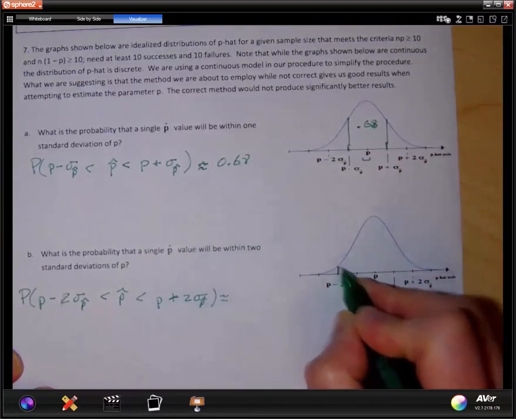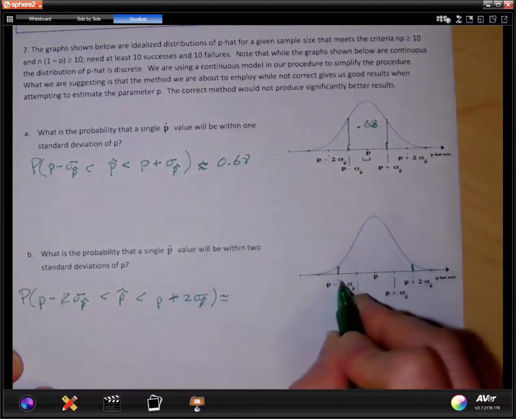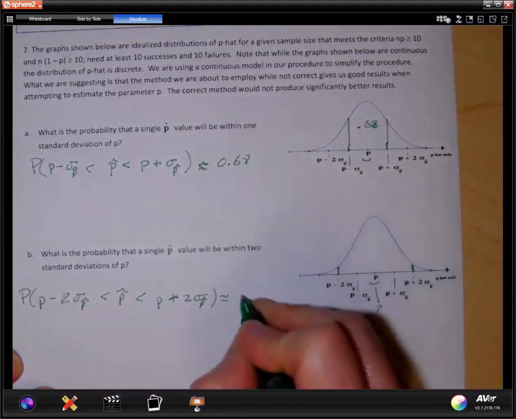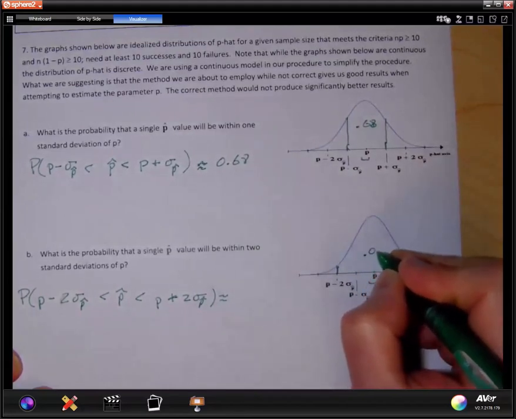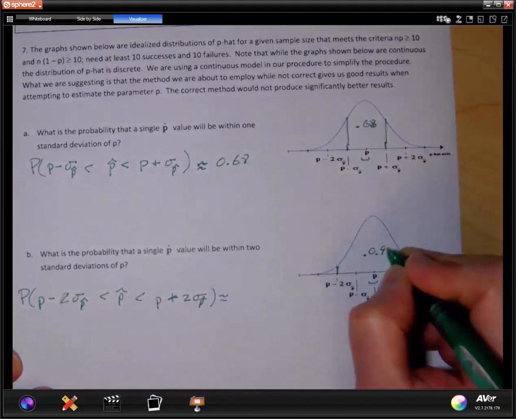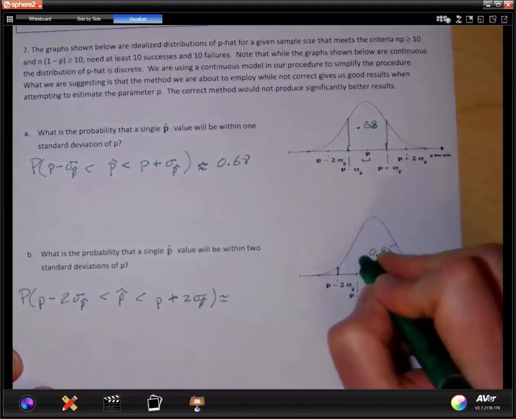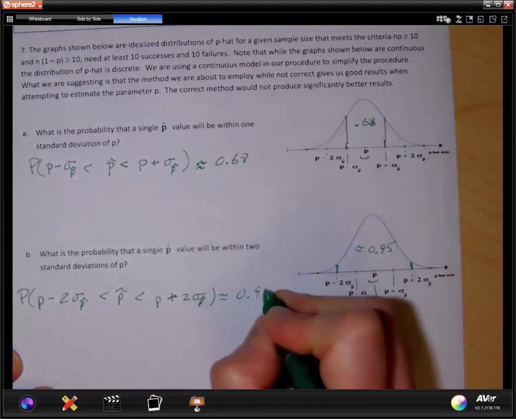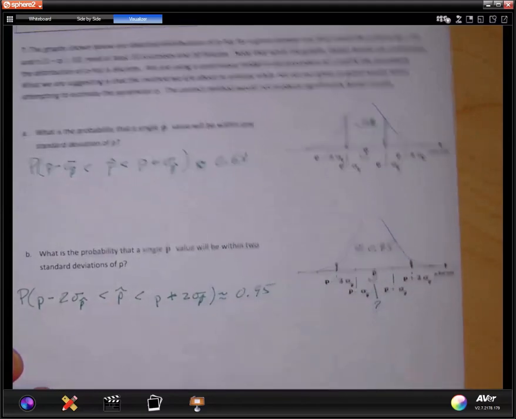So now, what's the chance that my p-hat value lands within 2 standard deviations of this value, which is, again, unknown? And the answer is 0.95. Again, that's an approximation. It's not exact. And we will use a more exact number later.